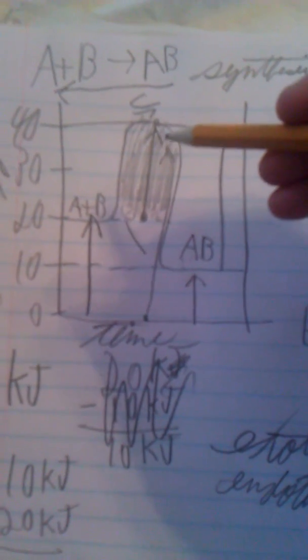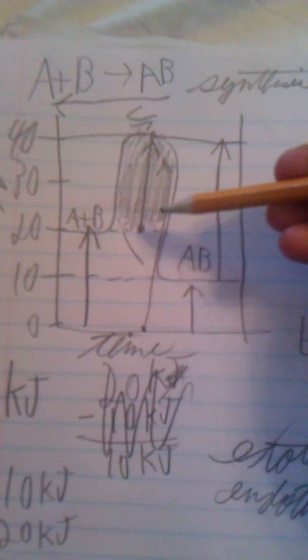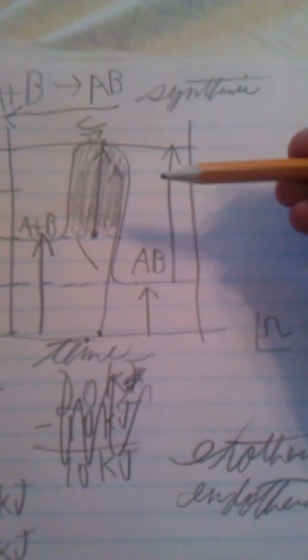If it's going backwards, it actually takes more energy because it's exothermic, because see, this is 10 kilojoules for its potential energy. So now it would need 30 in total. It would need 30 to get to 40 in total to start the activation energy and to break this apart into A plus B. Okay? Now that's pretty much it. It's not a very complicated thing, but it's important.